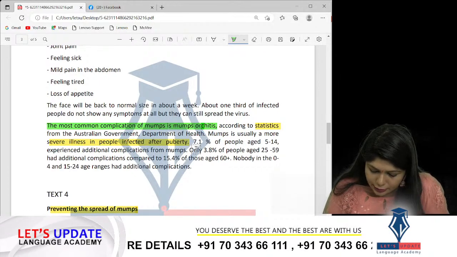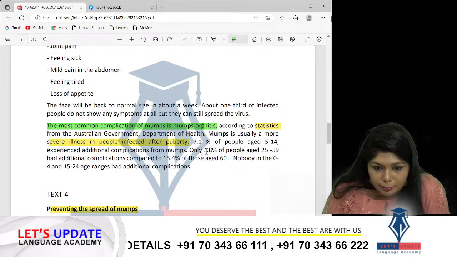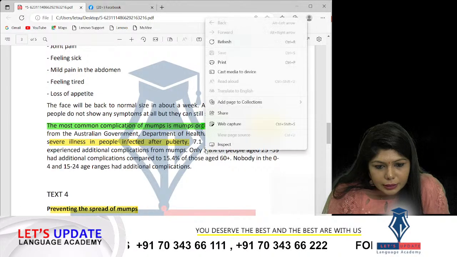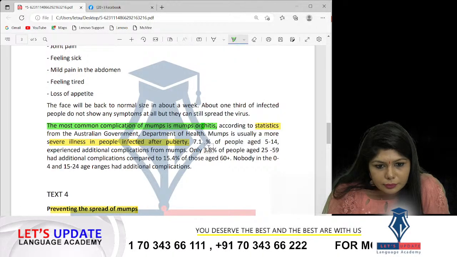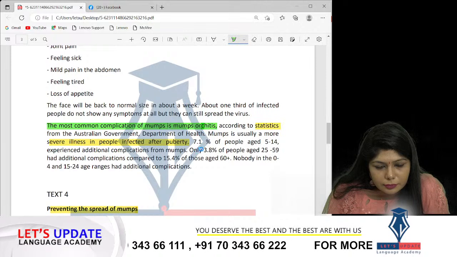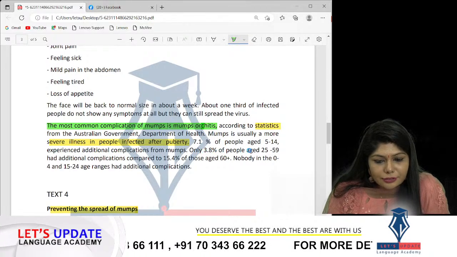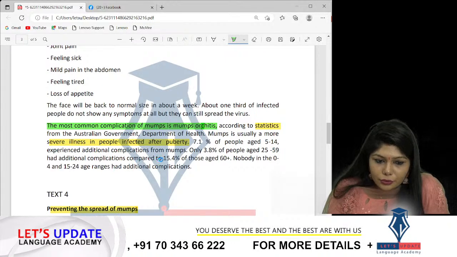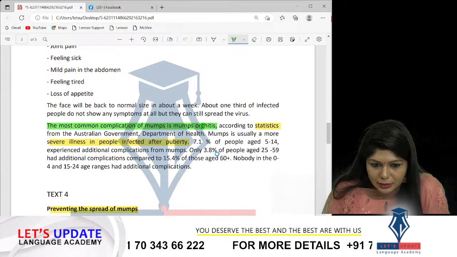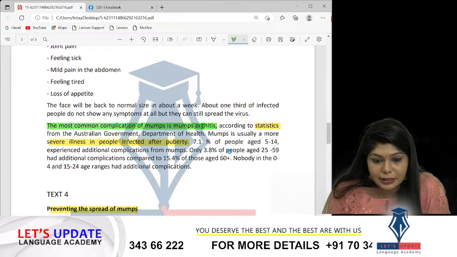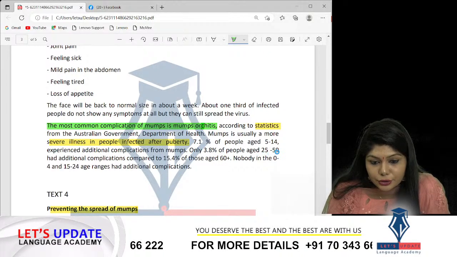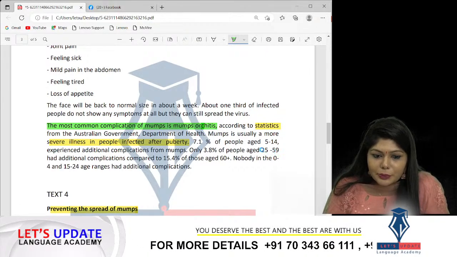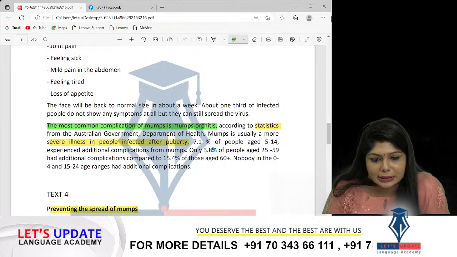See, only 3.8% of people aged 25 to 59 had additional complications compared to 15.4% of those aged 60. So only 3.8% of people aged 25 to 59. That is what our question also was. So 3.8% is the answer.